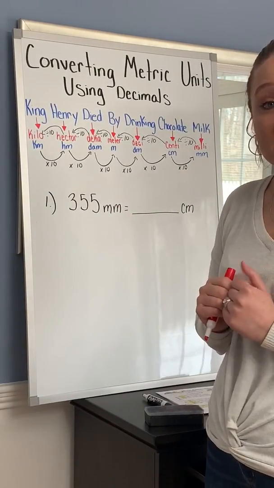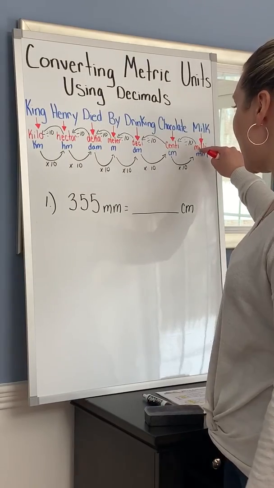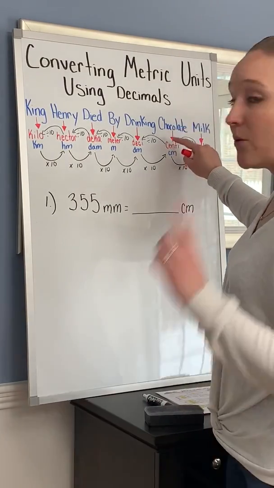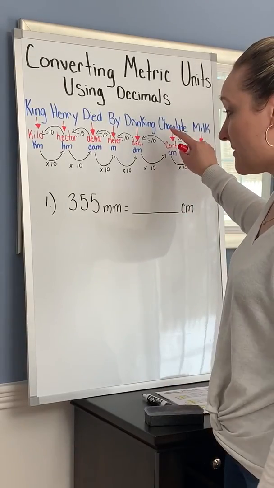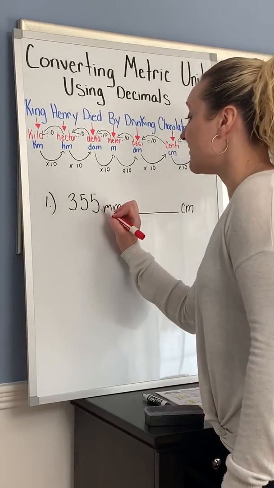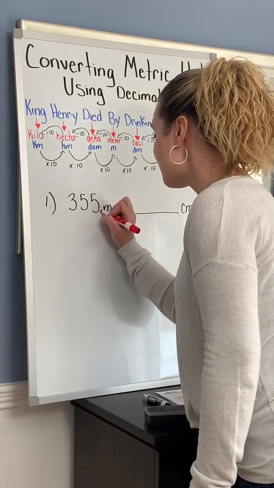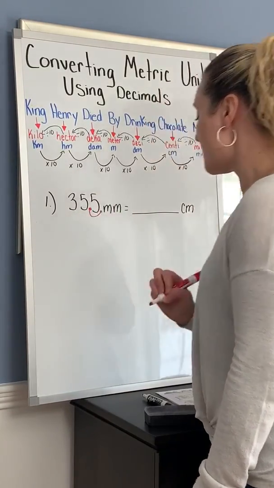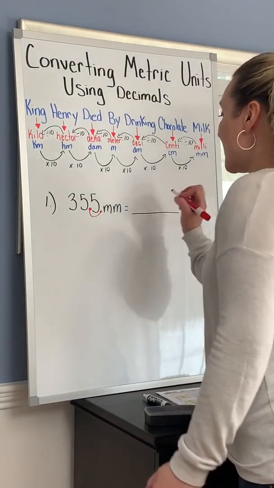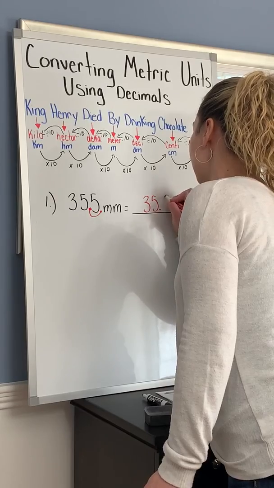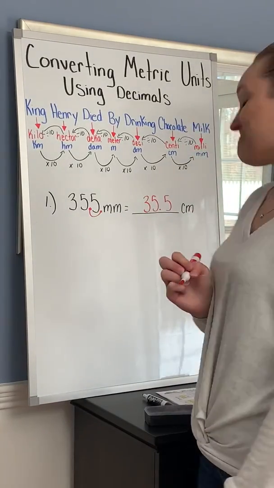I'm going to put my finger on the millimeters right here. And I know I have to go to the left. And it's going to take me one place to the left. So here's my invisible decimal. I am going to go one place to the left. My new decimal is here. If I want to rewrite it, my answer is going to be 35.5 centimeters.